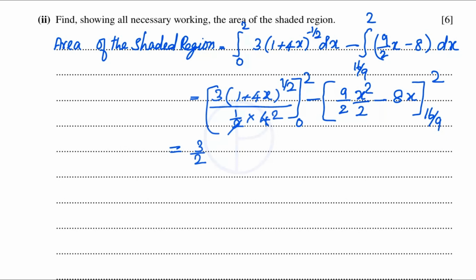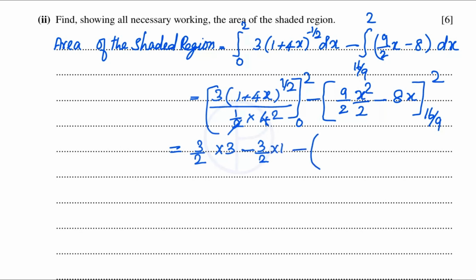Okay. First let's substitute the upper limit 2. 1 plus 4 multiplied by 2 is 9. 9 power 1 over 2 is nothing but 3. Minus, let's substitute the lower limit: 3 over 2 multiplied by 1 plus 0. 4 multiplied by 0 is 0, so 1 power 1 over 2 is nothing but 1.